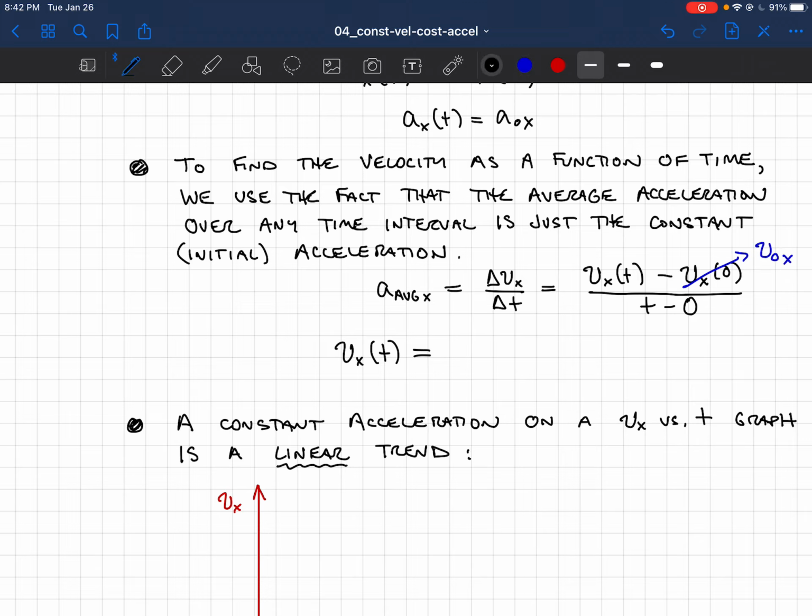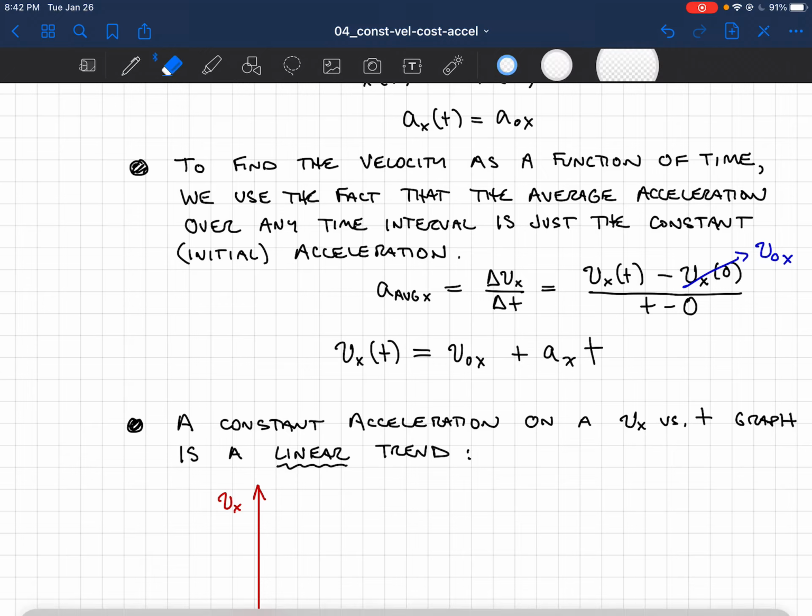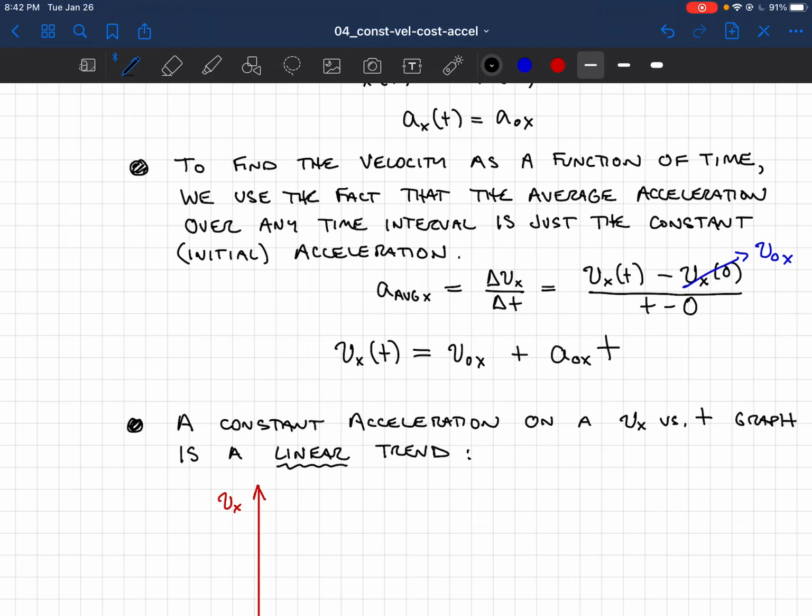So that's going to be v0x, the initial velocity, plus ax times time. I guess I should say we already know that ax is constant, so this is going to be a0x times time. So it's whatever the chosen acceleration is, we can write that as the initial acceleration because it's the same at all times.